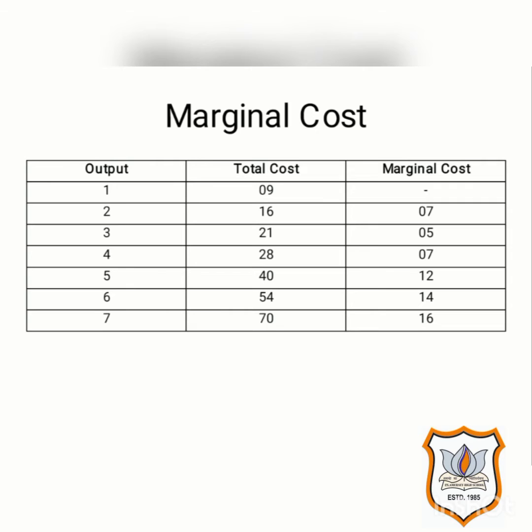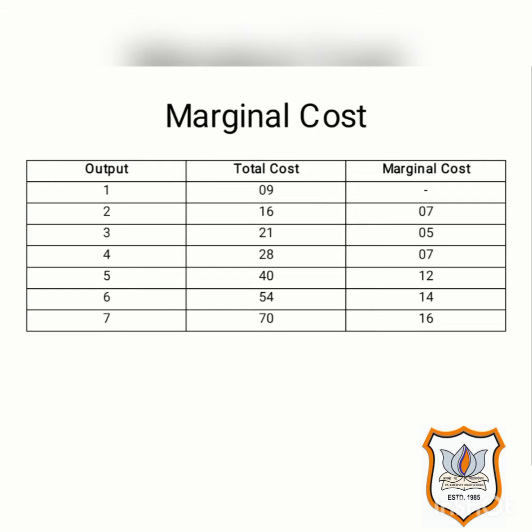Now how to find this marginal cost? As told earlier, for whichever unit marginal cost is to be found, the total cost of that particular unit is taken, and from that the total cost of the previous unit produced is to be subtracted.